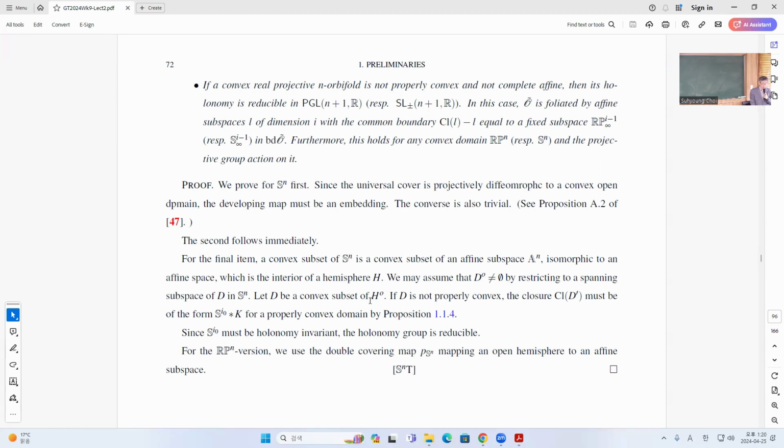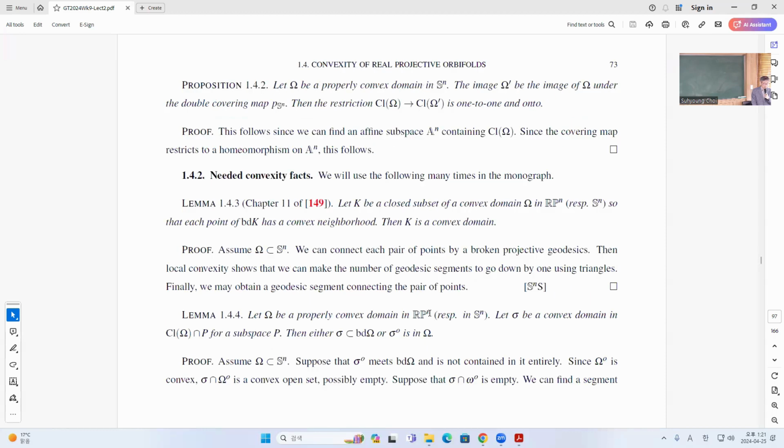Okay, so the basic proof is that if it's not properly convex, then you can show that this closure is always some sphere joined with K, and so then this is reducible, and then you have to look at the interior and so on. Okay, so that's for this.